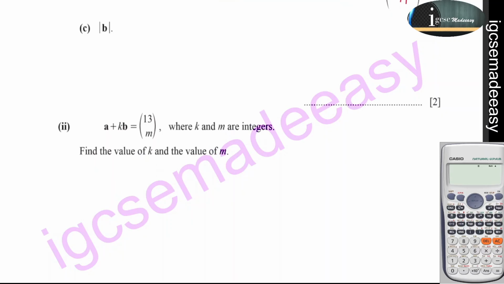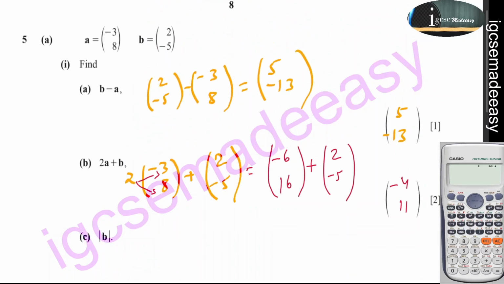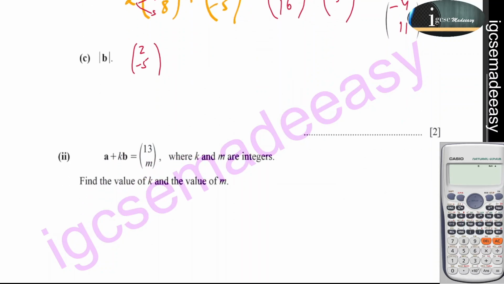So let's do part C. In part C, we have to find the mod of B. So the B value is (2, -5). We can use this formula to find the mod, that is the square root of the first value, 2 squared, plus the second value, 5 squared.